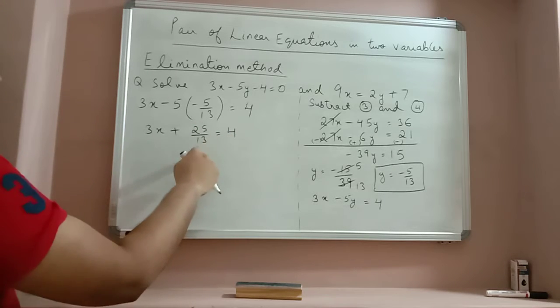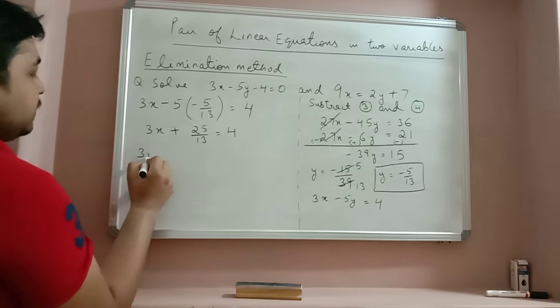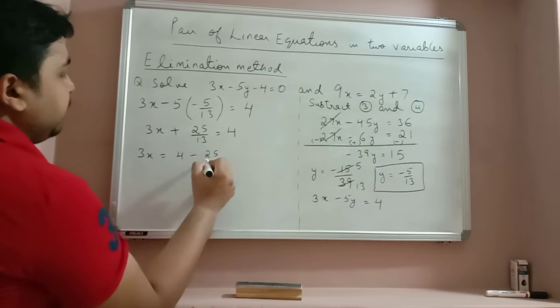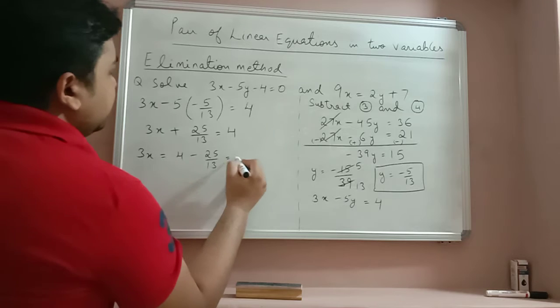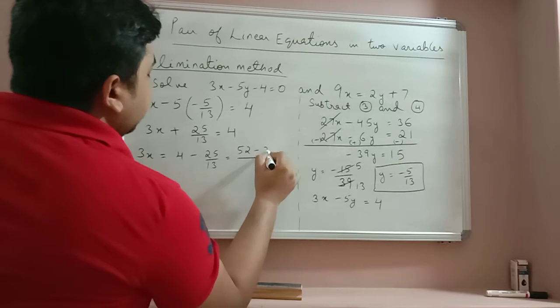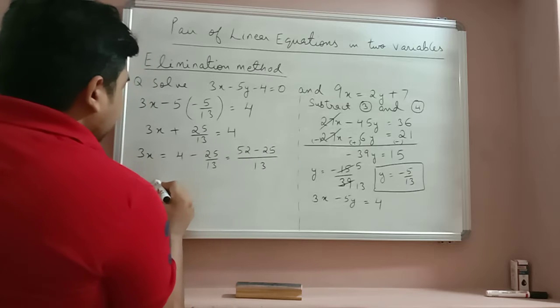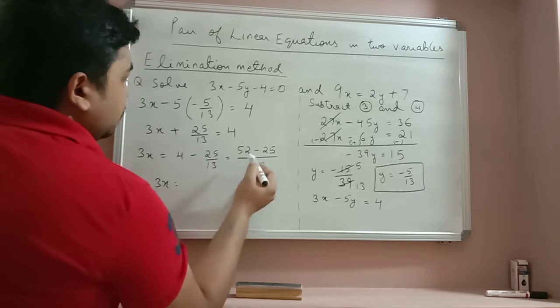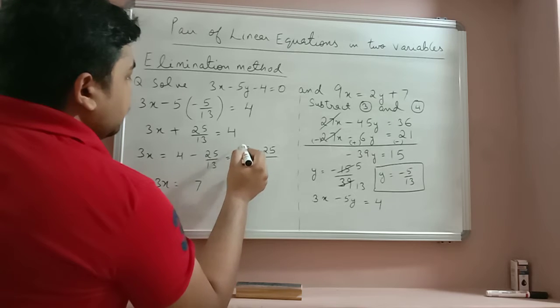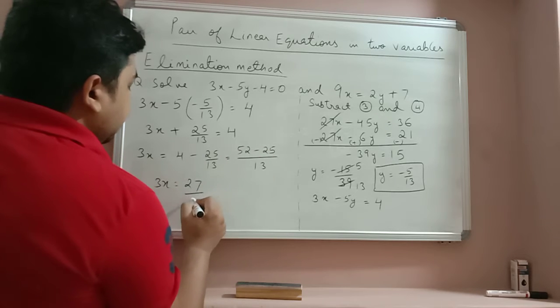I can shift 25 by 13 to the right hand side. So this becomes 3x equals 4 minus 25 by 13, which equals, with 13 as the LCM, 52 minus 25. So 3x equals 27 by 13.